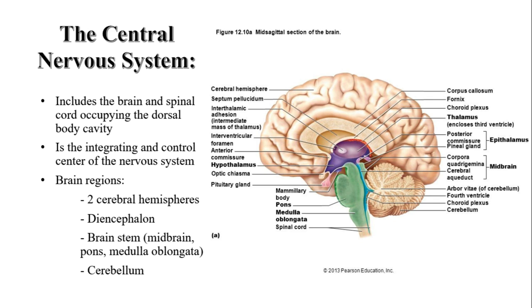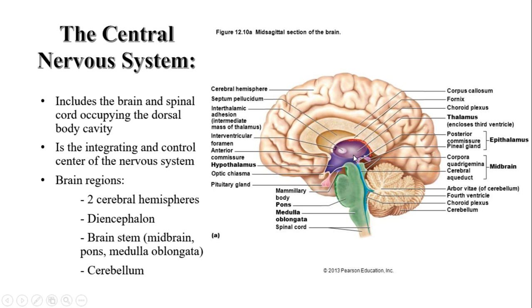Discussing the brain regions, we have the two cerebral hemispheres. This is a mid-sagittal section of the brain, so here you only see one cerebral hemisphere, but you're going to have two. Then you have your diencephalon next, which is all in purple. This diencephalon consists of your hypothalamus, your thalamus, and your epithalamus.